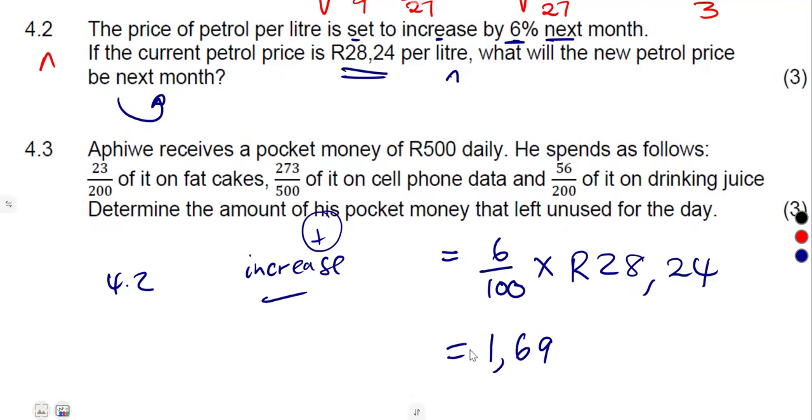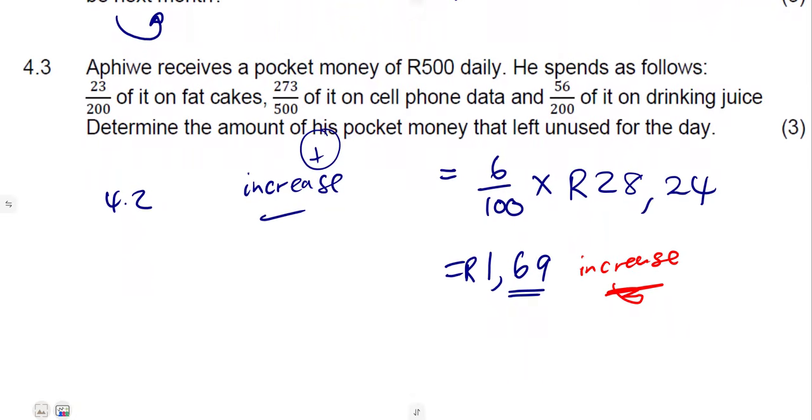To 2 decimal places, since we are dealing with money, it's just going to be 1.69. So that's our increase. What are we supposed to add to the original price to give us the new petrol price next month? So the new petrol price is going to be the increase of 1.69 plus the original price.